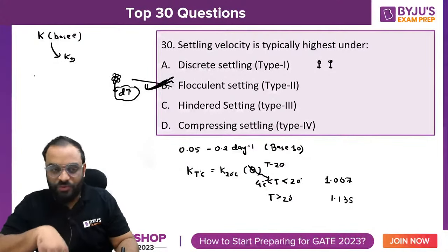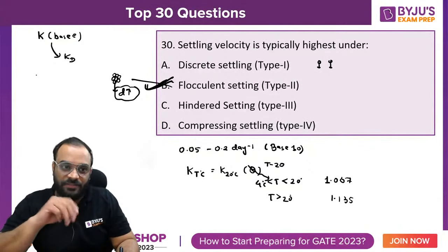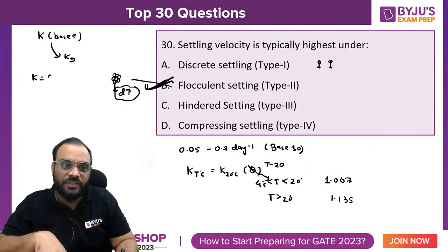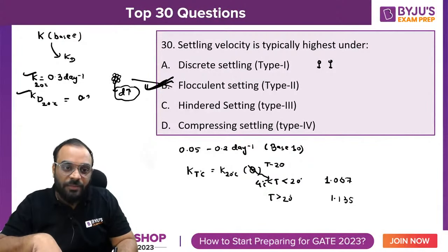So what you have to do, listen. Just imagine the deoxidation rate constant is 0.3 per day, given to us, and I need to convert it in terms of KD with base 10. This is basically base e and this is base 10. So how can you convert it? By putting 0.3 divided by 2.303.